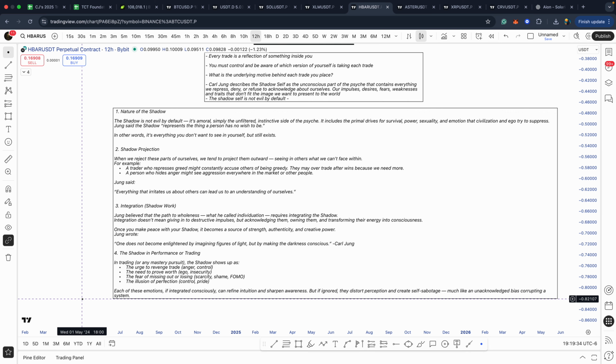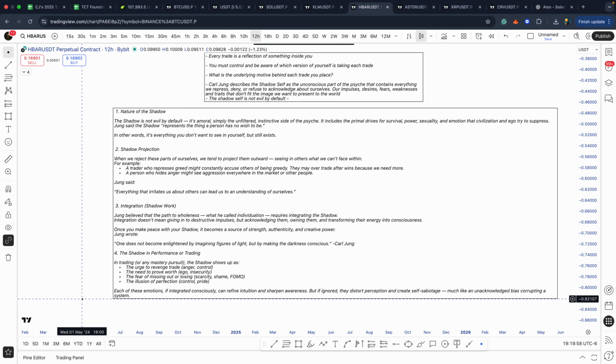So consciousness is awareness. If we are aware of the shadow self while we are trading, we don't have to give in to its impulses. We can be aware, we can acknowledge them. When they come up, we can say, hey, why am I taking this trade? Am I taking it because it's fitting my system and all my confluences are stacking? Or am I taking it because I am lacking dopamine?